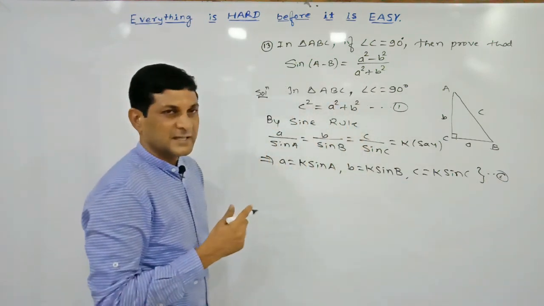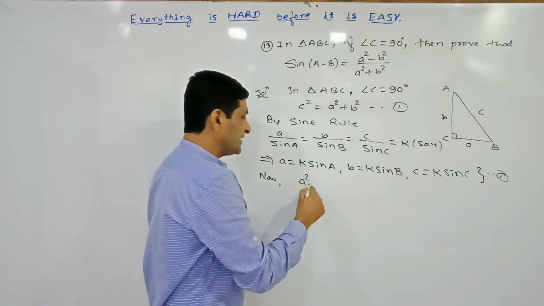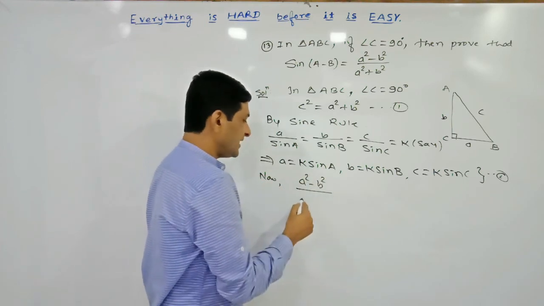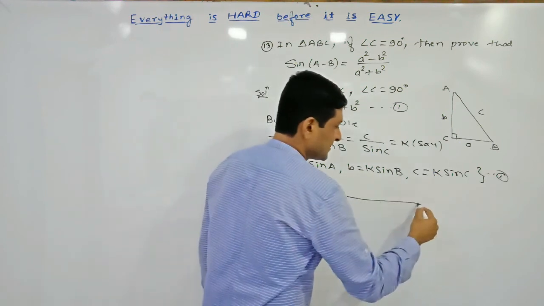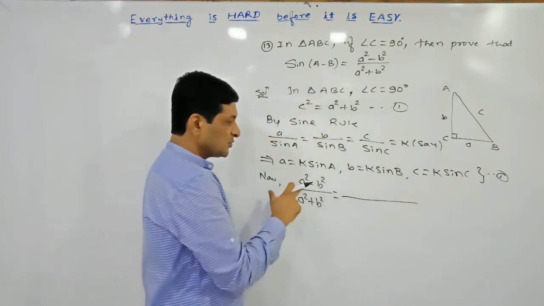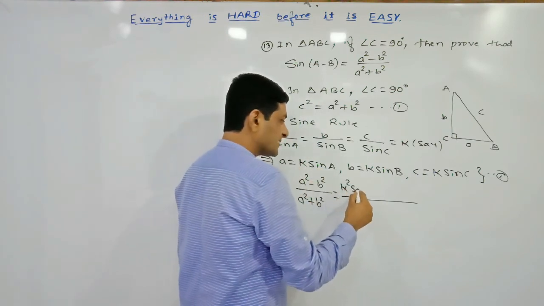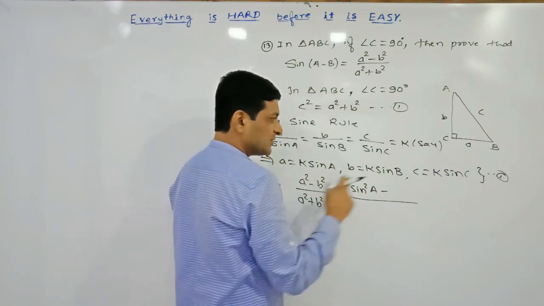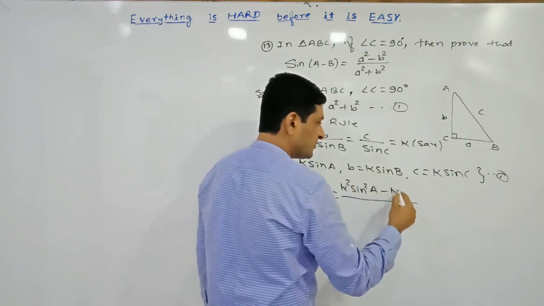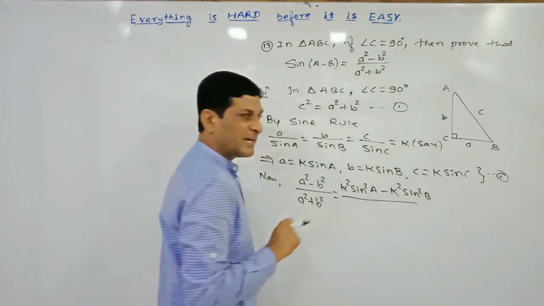Now we are considering the right hand side. What is our right hand side here? (a square minus b square) upon (a square plus b square) is equal to. Now we are substituting the values. a means k sin A, so a square means k square sin square A, minus b square. b means k sin B, so its square is k square sin square B. Observe the denominator very carefully.